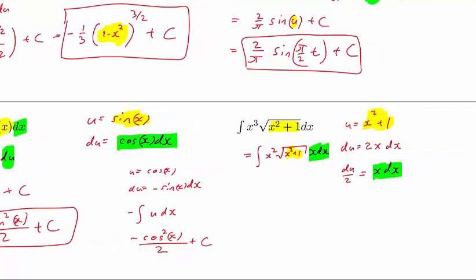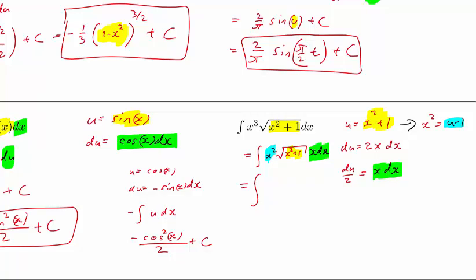Note we can restate this equation as x squared equals u minus 1. So we can replace x squared with u minus 1. Now all of a sudden we can get rid of all the x's, and this will simplify.